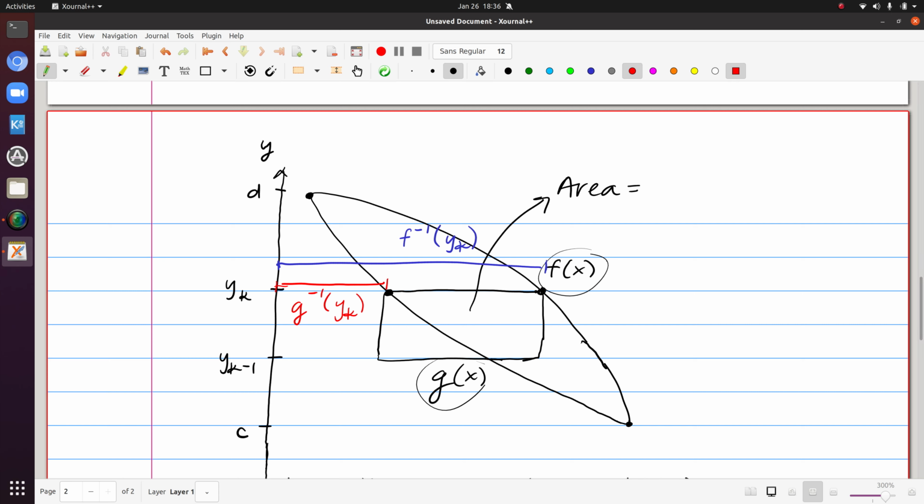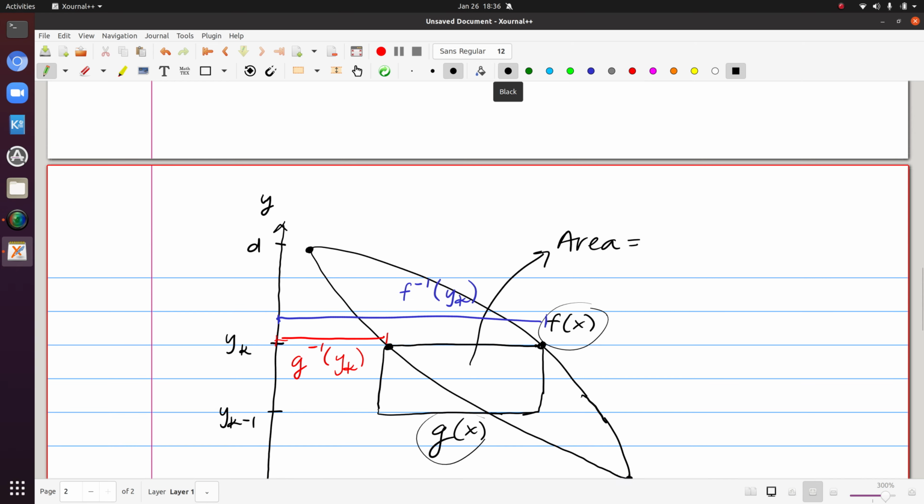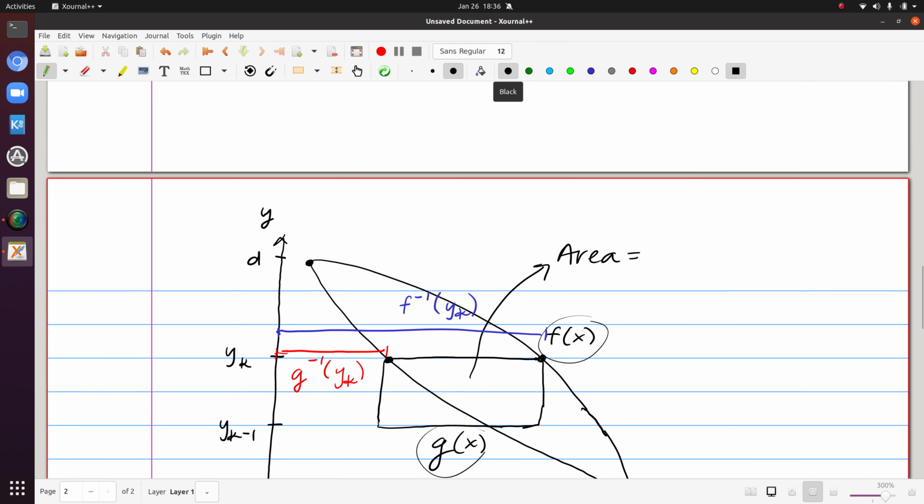So, of course, there are some underlying assumptions here that it is possible for us to actually find that inverse. But given that, then we can see that the length, or, depending on which way you want it, one dimension of this rectangle is going to be the length of that blue part minus the red. So I can express that as f inverse of y sub k minus g inverse of y sub k.